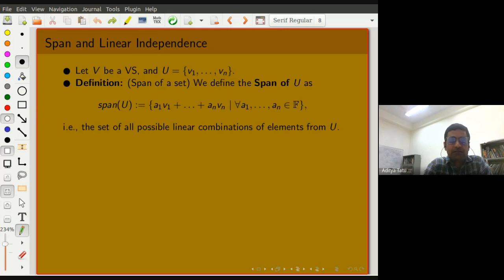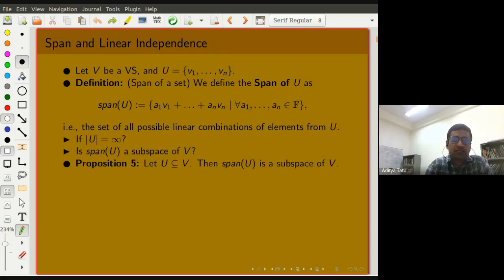If we have a vector space V with us and let us consider a subset U containing n elements, then span of this set U is nothing but the set of all possible linear combinations of elements from U, right? And of course, if U contains infinite elements, then as we discussed, on a vector space we do not have a good definition of infinite linear combinations.